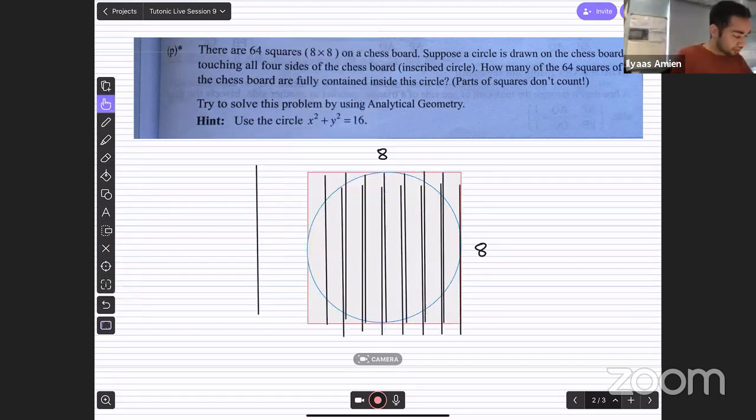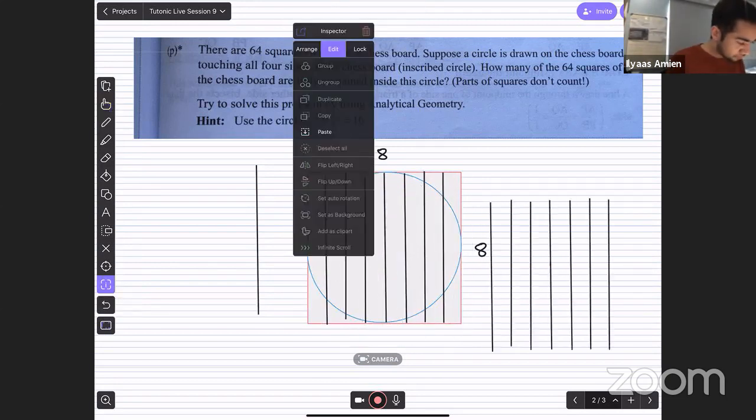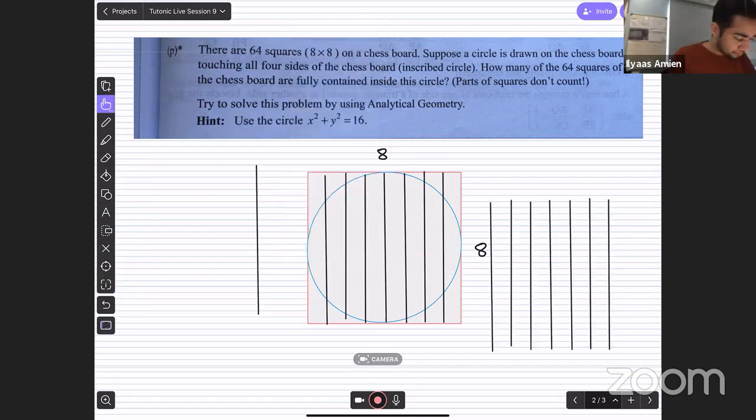Duplicate. Can't you flip it left or right? It's not responding to me.